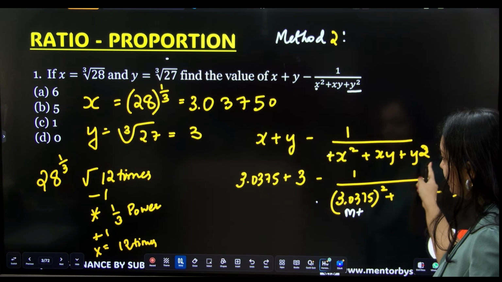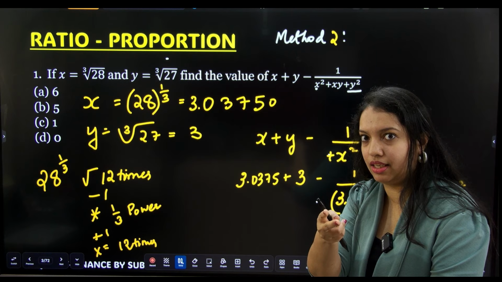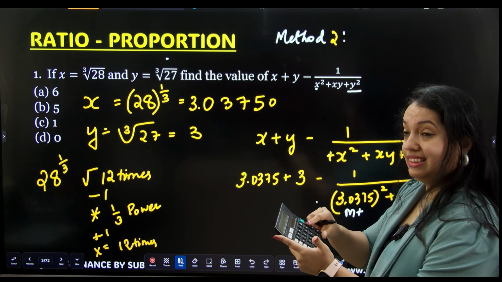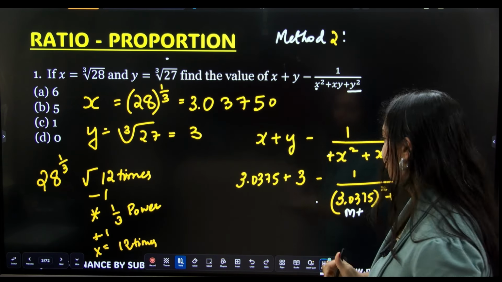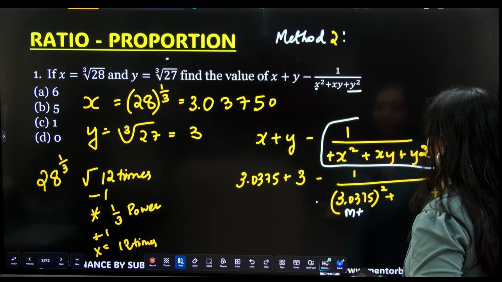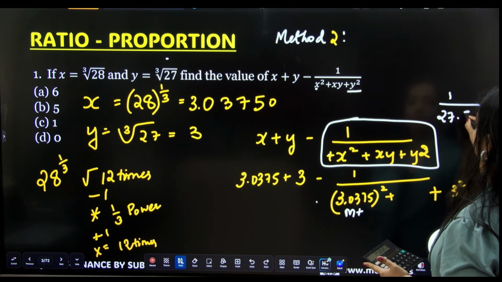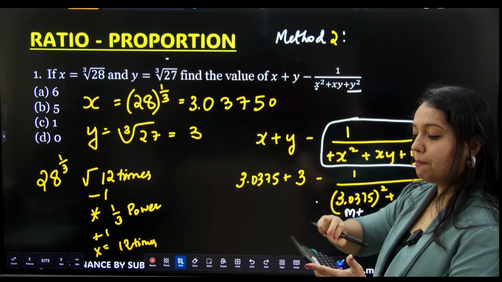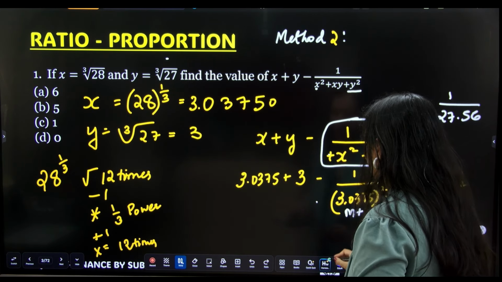So, what is there in the denominator? I have done M plus, M plus, M plus after calculation. Now I want the result. Press MRC. You get 27.56 for this denominator. I want 1 divided by 27 point something. 1 divided by 27.56, you get the answer as 0.0375.